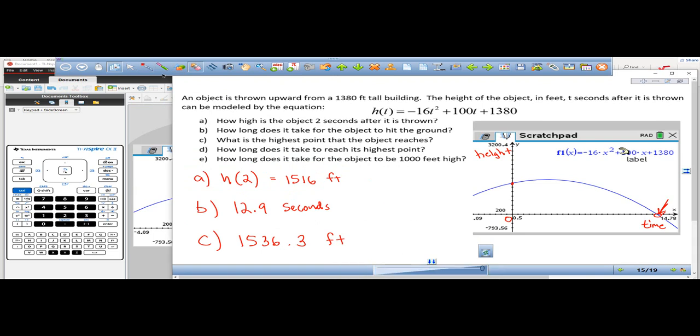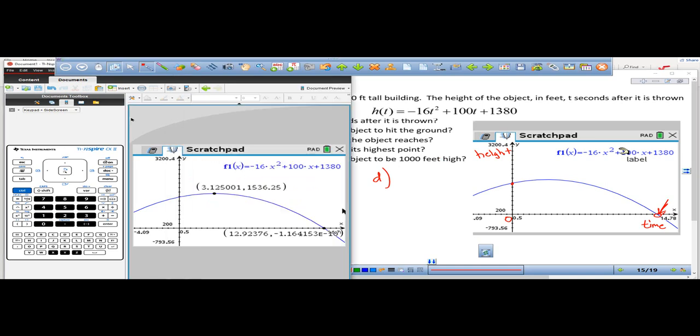All right. Now, part D. How long does it take to reach its highest point? In part D, you have to understand that when it's asking how long does it take, that represents time. It's asking for how much time does it take. So time is the x-axis.